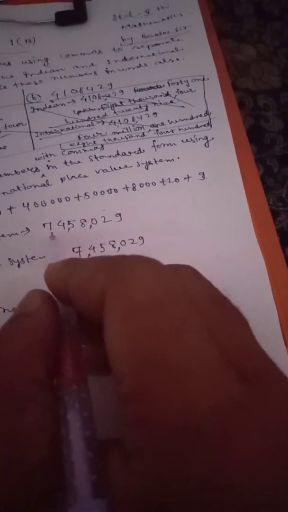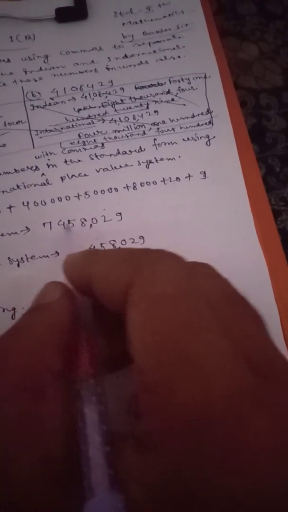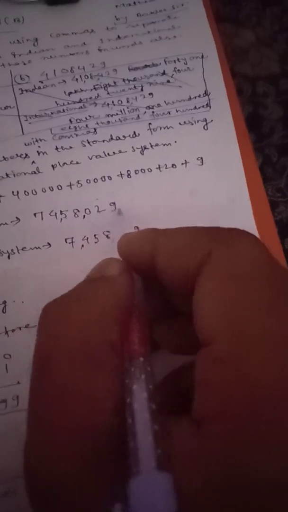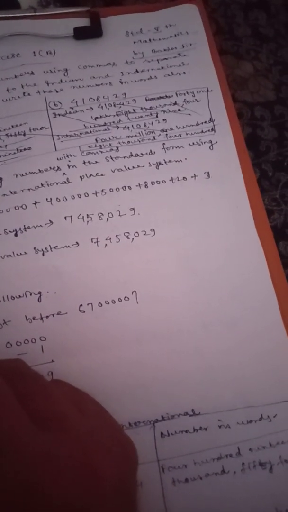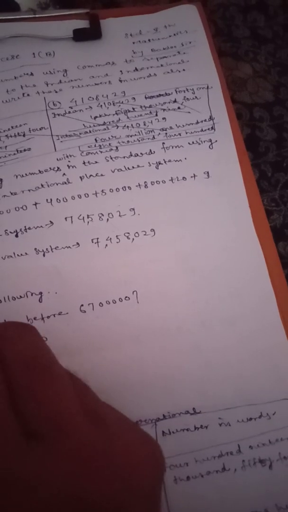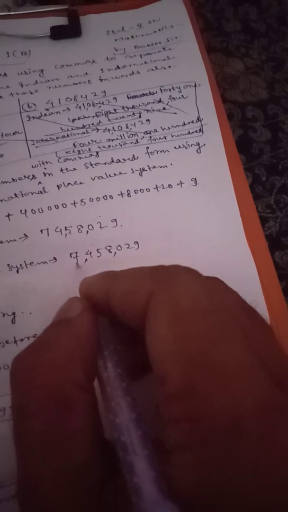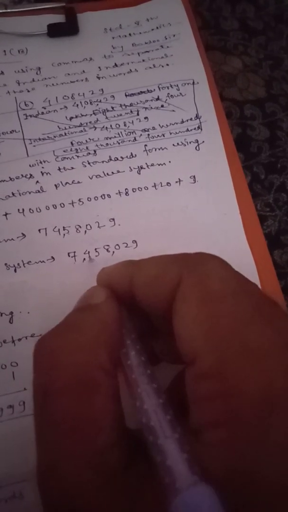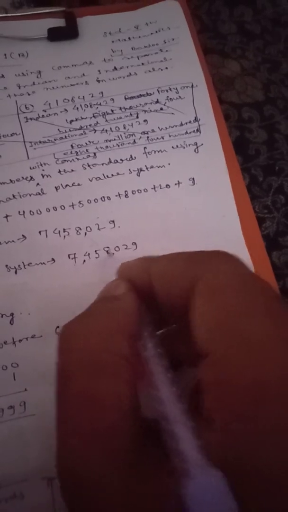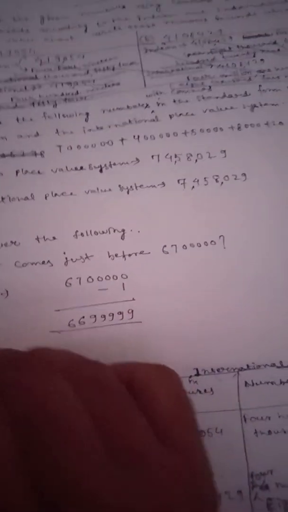So we can write this number in the Indian place value system as 74,58,029, while this number should be written in the international place value system as 7,458,029.